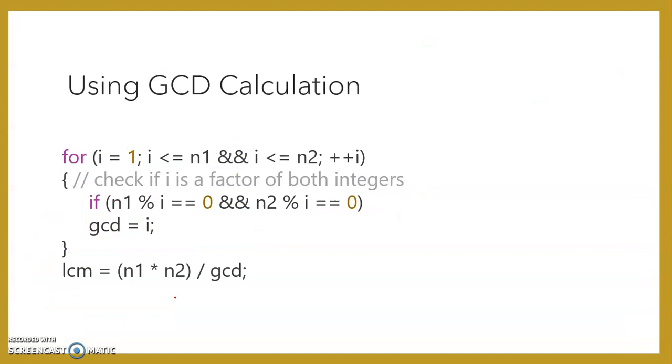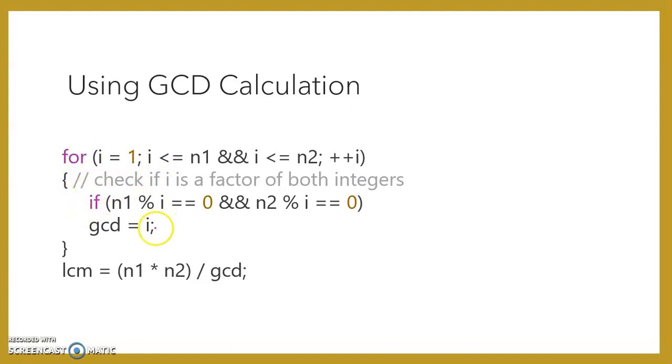Another way of execution is calculating with the help of GCD. Again we are using the same thing. Here also we are finding the modulus, where we take the GCD of two numbers, and we use one particular condition to find the GCD, to find the LCM.